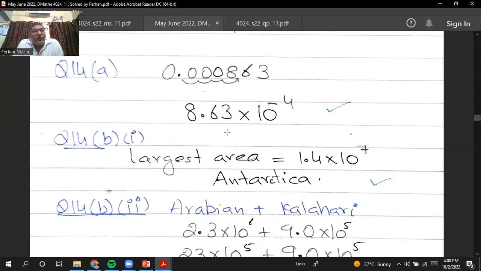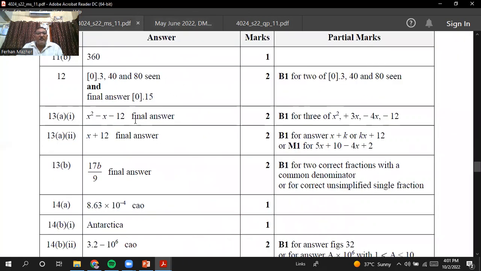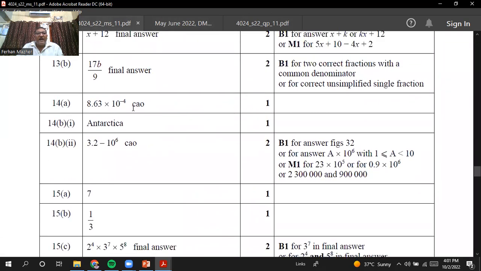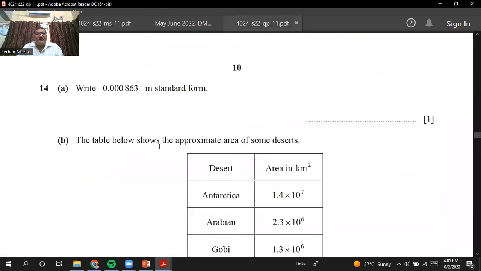When you write it in the standard form, if you move the decimal to the right side, the power of the 10 will become negative. And remember, this is a rule that this number should be more than 1 and less than 10. So it will be 8.63 expo minus 4. That's the right answer, sir.